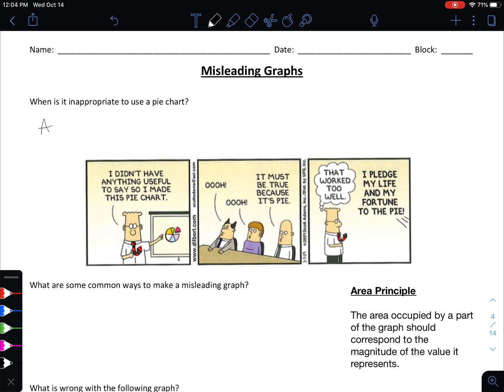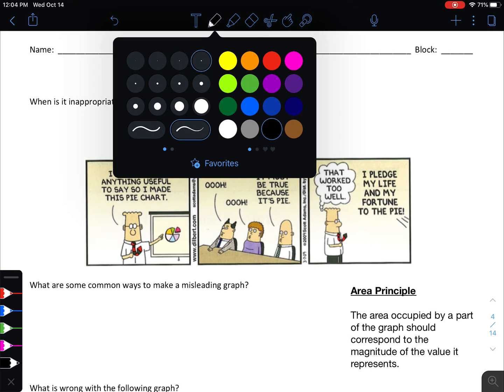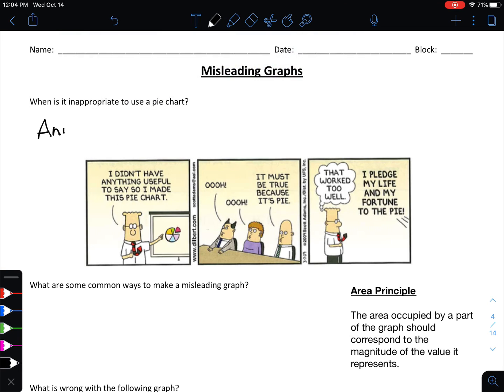So when is it inappropriate to use a pie chart? Well, anytime that you have parts that are not of a whole, that's going to be a problem.